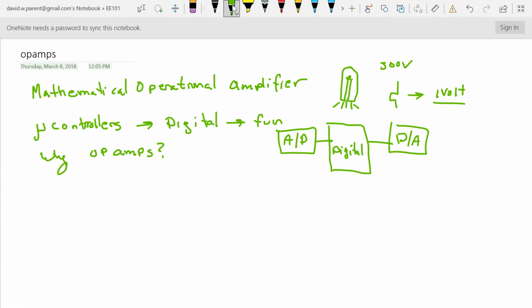Now, the thing is all of these things require filters, and somewhere in these filters there's going to be op amps.